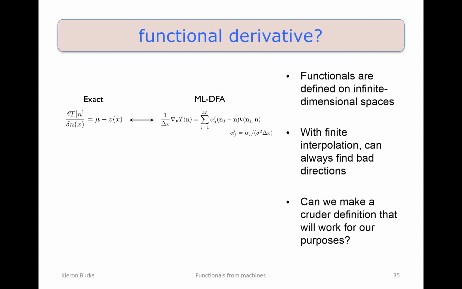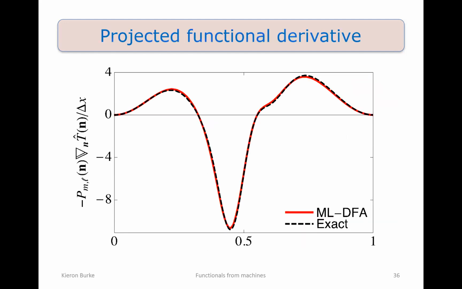Well, what they figured out to do, Matthias and a very good student, John Snyder, is we did a principal component analysis, and we would project the trial densities onto the directions in which there were data. And when we did that, you could get a much more accurate derivative.